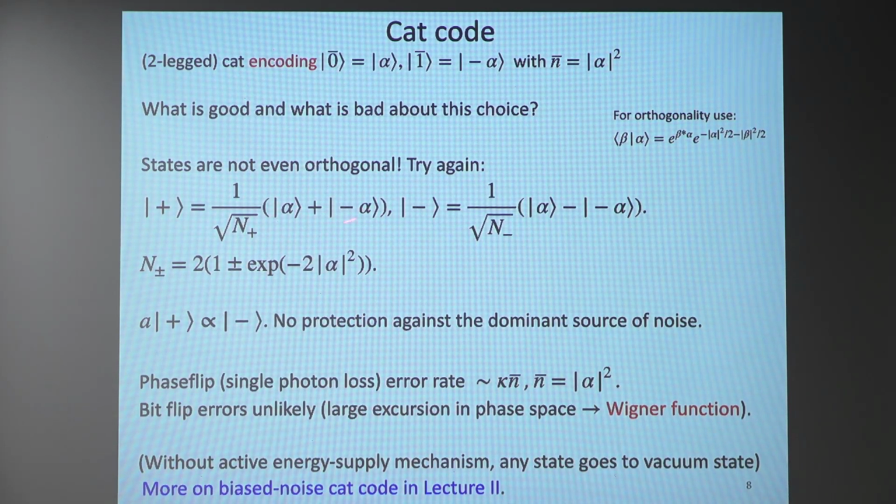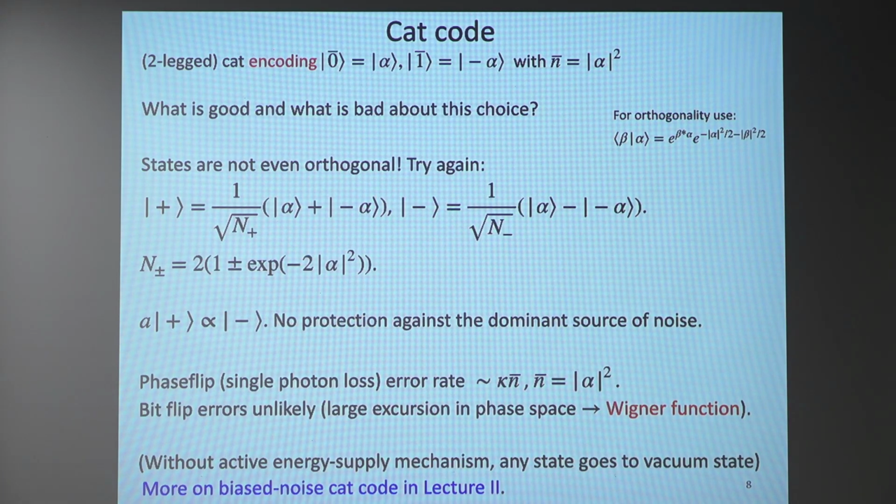This is just the Schrödinger-cat state, and this is also a Schrödinger-cat state with a minus. These states are why this is a cat code, a Schrödinger cat code, and why it's two-legged, because plus and minus are superpositions of alpha and minus alpha.